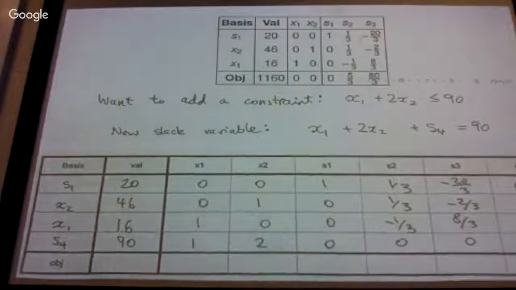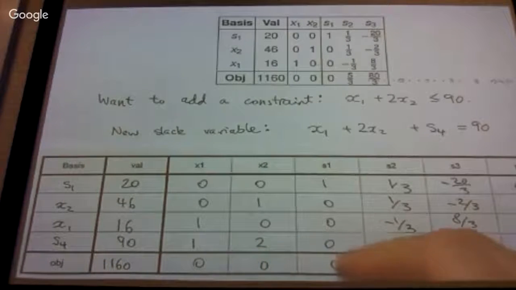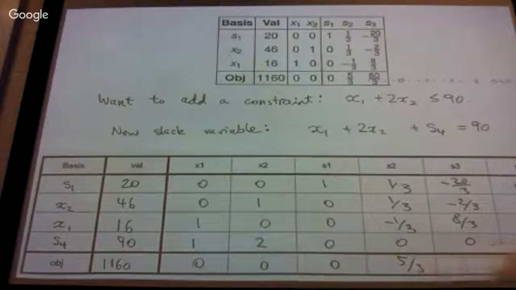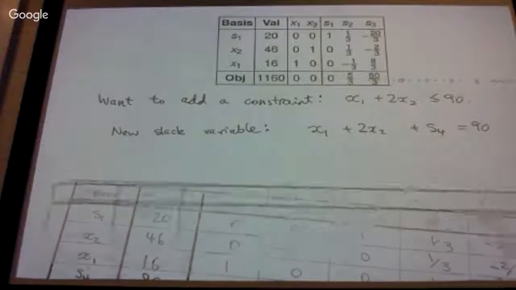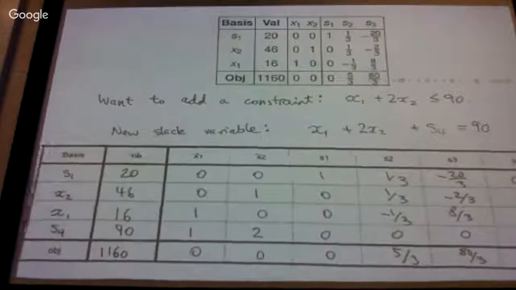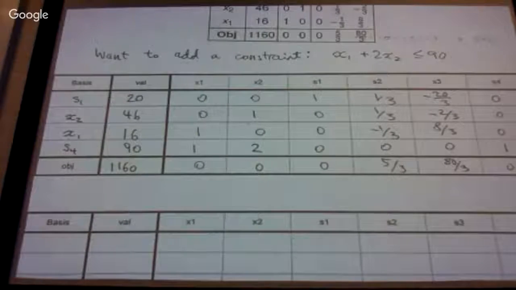And the objective was 160, 0, 0, 0, 5/3, 8/3, 0, 1, 1. All right, so what I've done here is just a copy of the tableau we had before, but adding the new constraint into its own row.